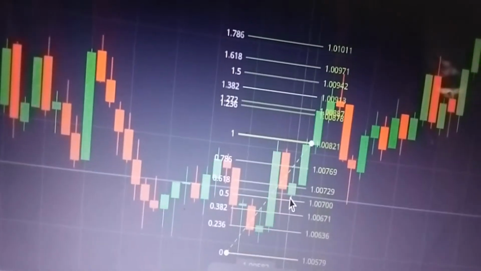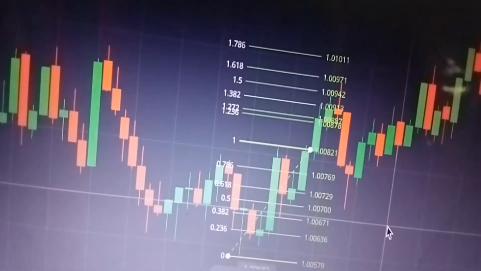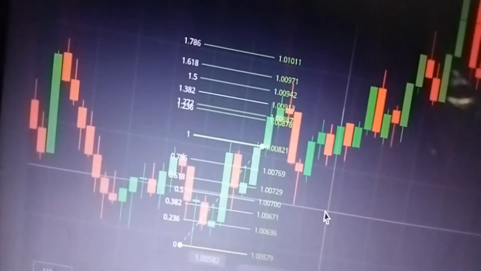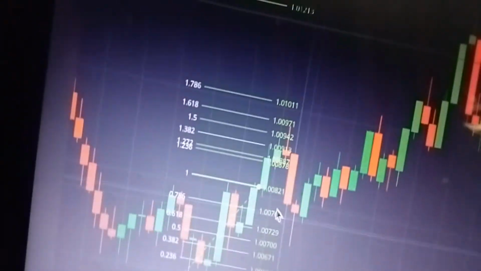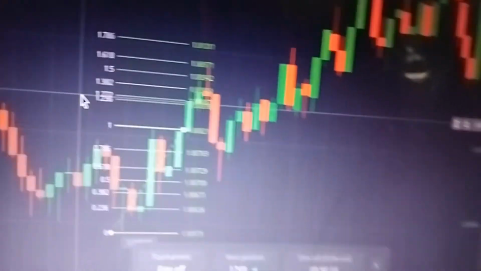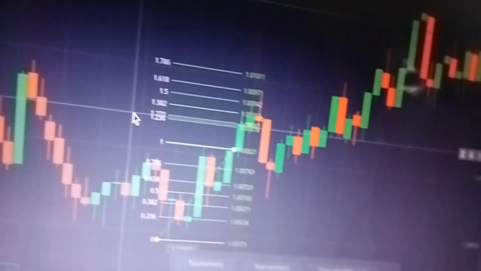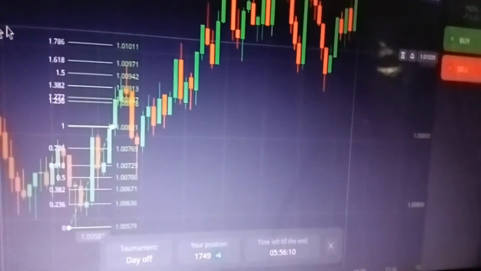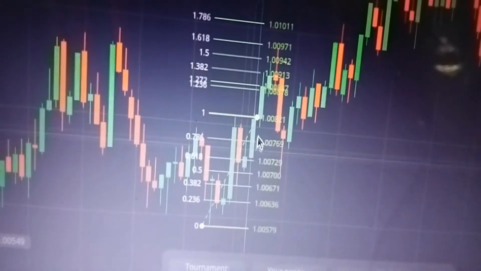So buy. That's a buy. That is a buy. Then price pressed higher. Okay, let me make it small. Then the price pressed higher, right?